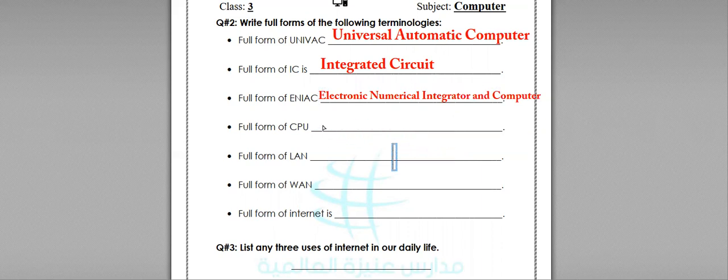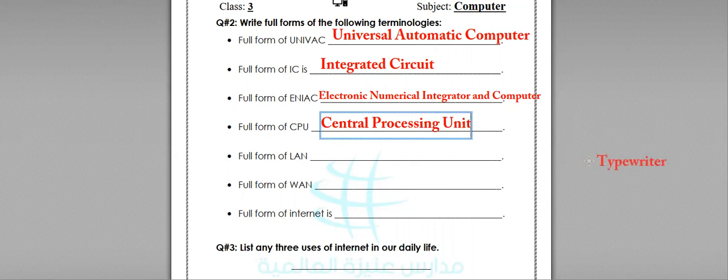Now, full form of CPU. It's central processing unit. CPU stands for central processing unit. By the way, CPU is the brain of the computer.